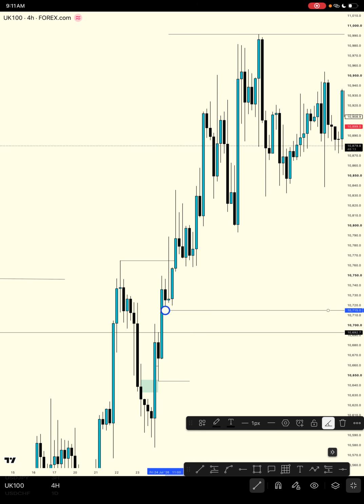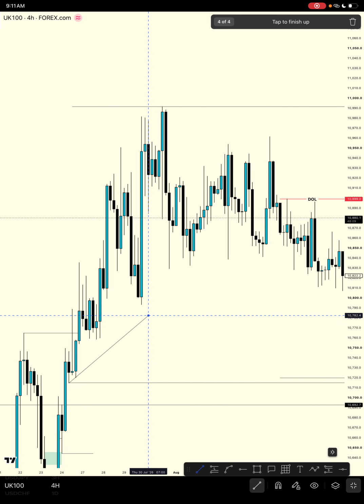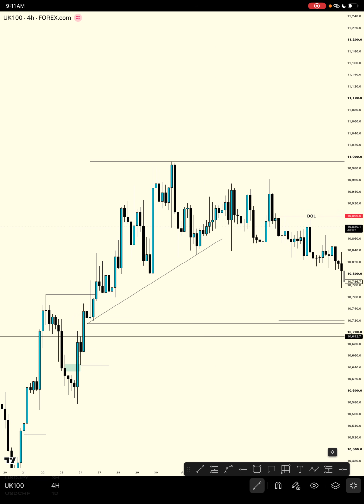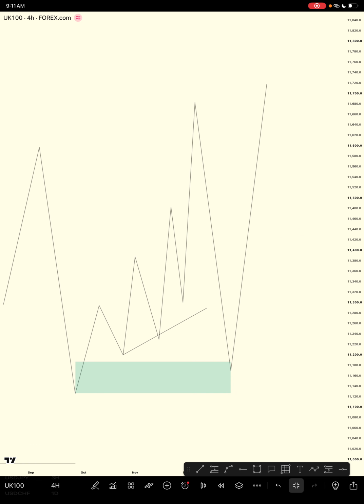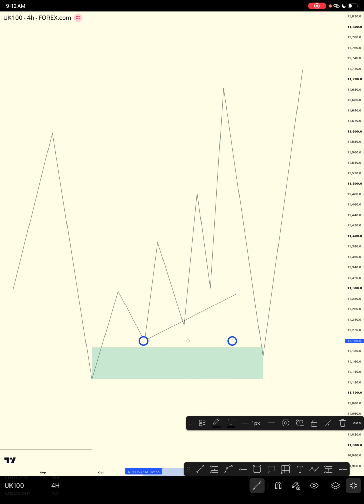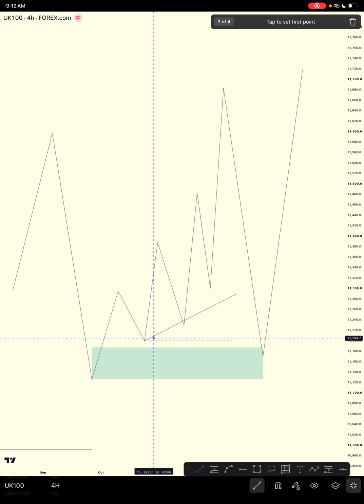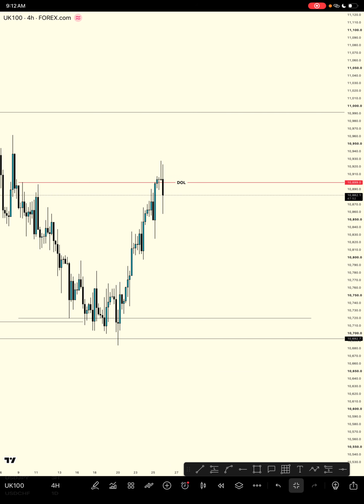So everything that market did here was what? A trendline liquidity, just like the example that I gave you guys, that this will become your liquidity, and everything that happened above it becomes a trendline liquidity. So market picked the buy from there.